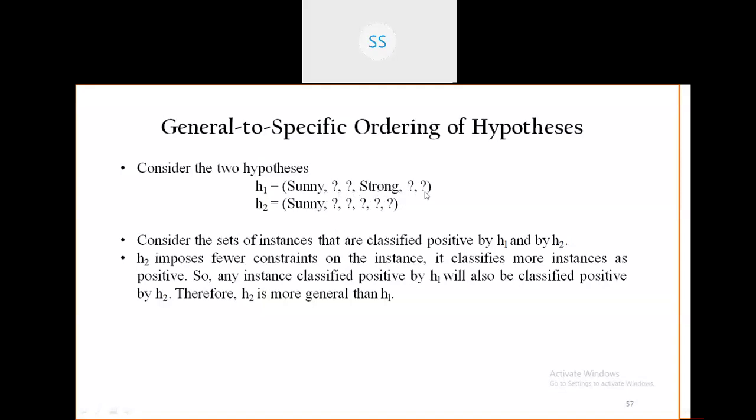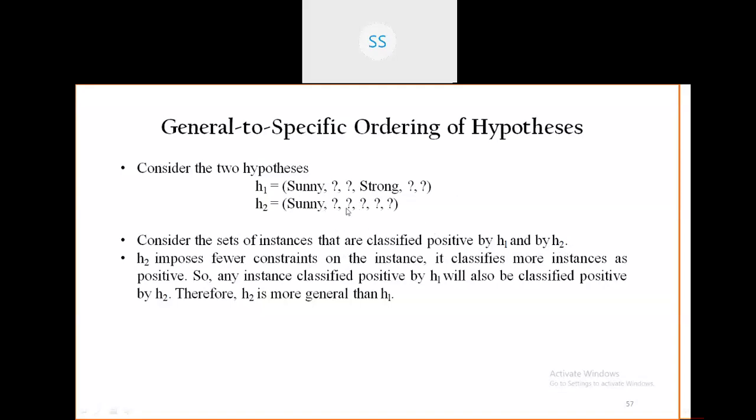This is the specific one, and these 2 are the generic ones. So we write S2, that is hypothesis 2. The first attribute is generic and the next attributes are very generic, whereas sunny is more specific. Consider the sets of instances that are classified positive by H1 and by H2.